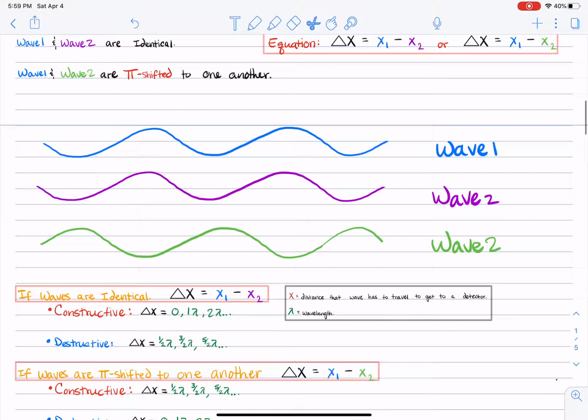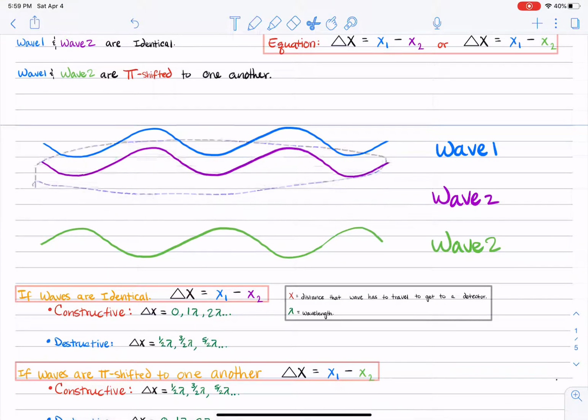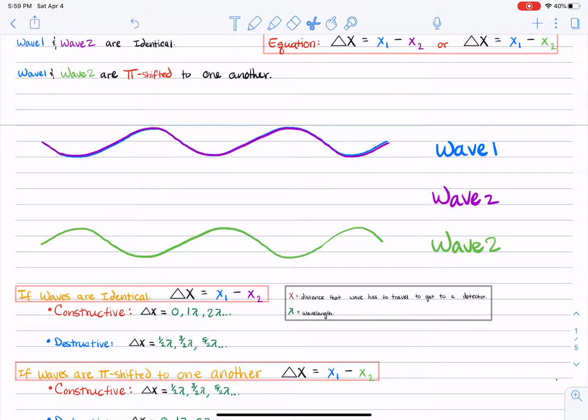If we take this purple wave and match it up, it's identical. If we shift it just half a wavelength, we see that this is destructive interference. If we shift another half wavelength, so that's a full wavelength from where it started, this is constructive interference.